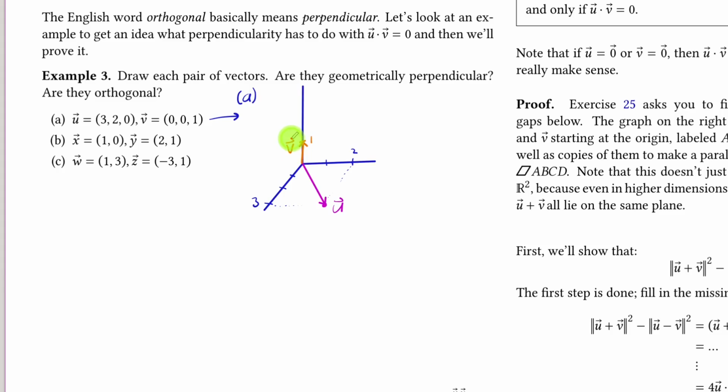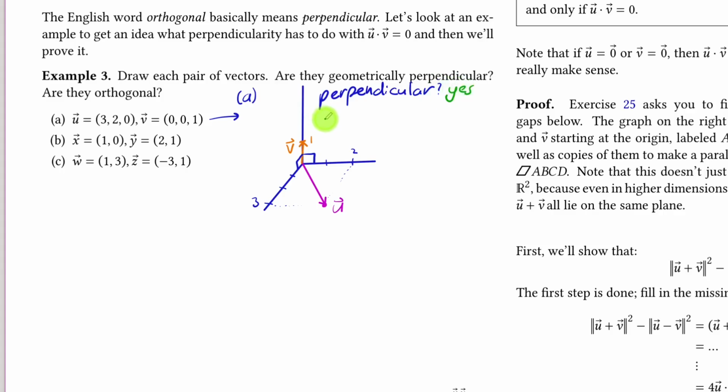If one of these is on the x1, x2 plane, and one is on the x3 axis, then they have to be perpendicular to each other because the x3 axis is perpendicular to the x1 and x2 plane.